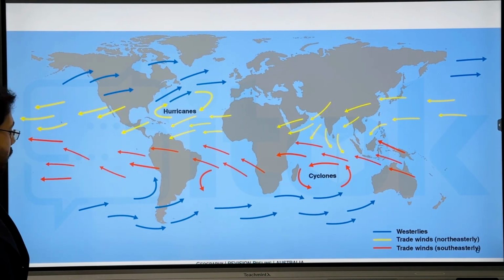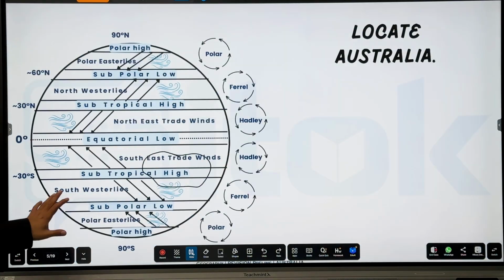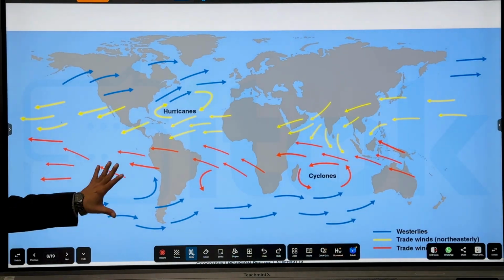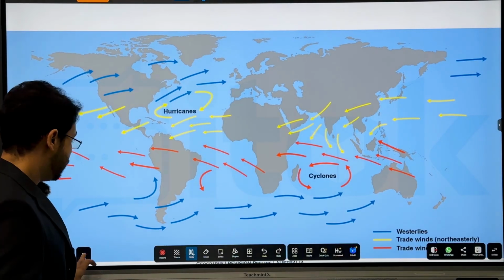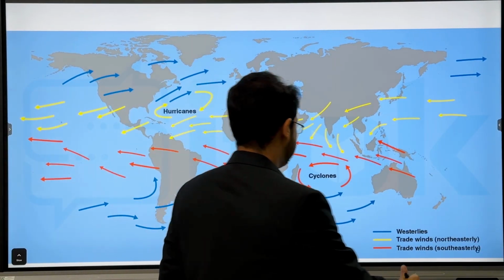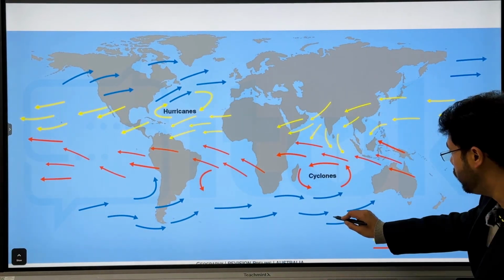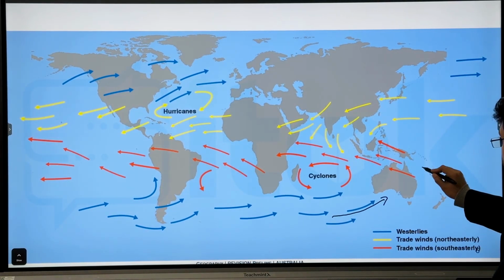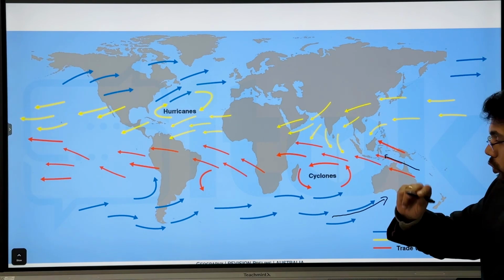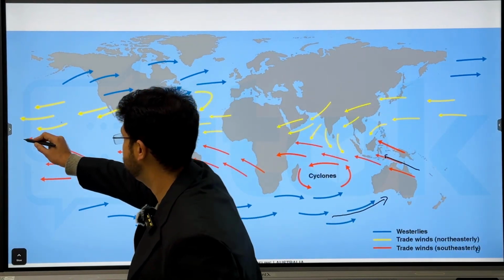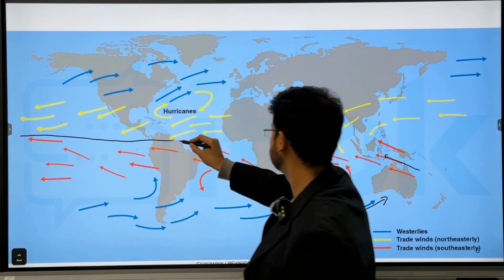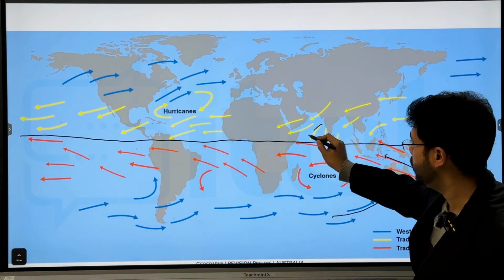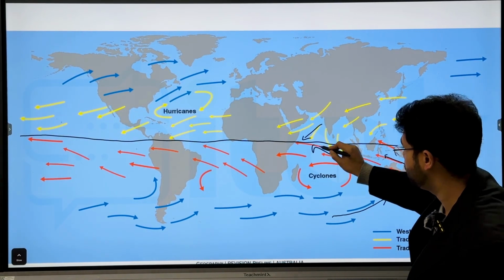So we have the trade winds. Over here it is very organized, but that's not how it takes place in the real world. The real world is somewhere like this. Westerlies are going here and touching the continent, and the northeast trade winds are moving like this. The equator, which you saw in the diagram, flows somewhere here, where these trade winds meet each other.